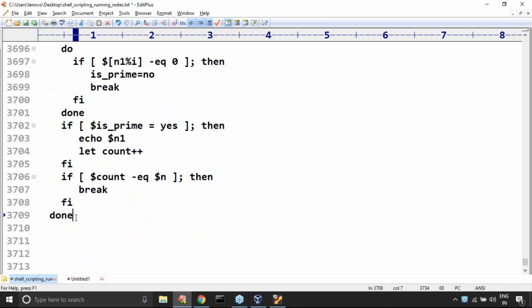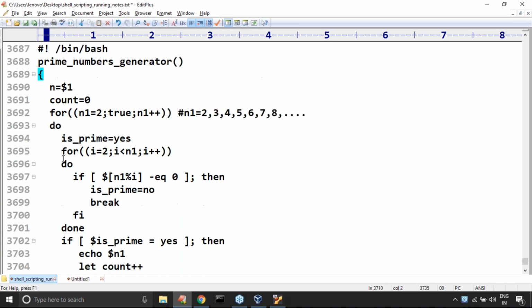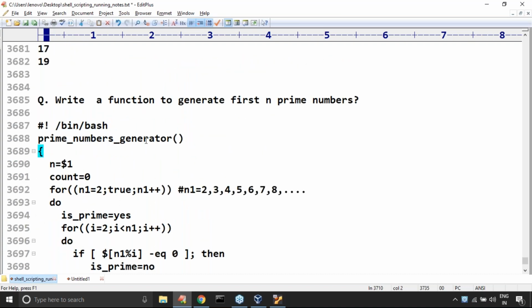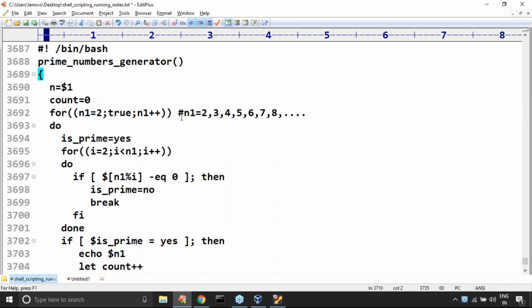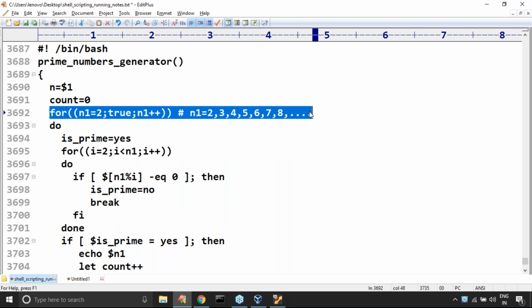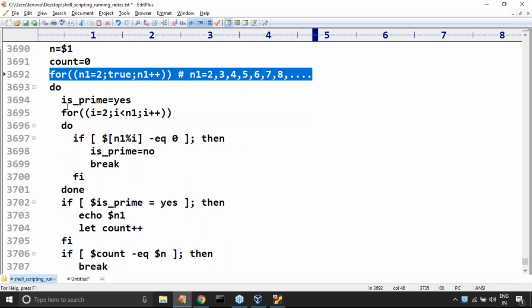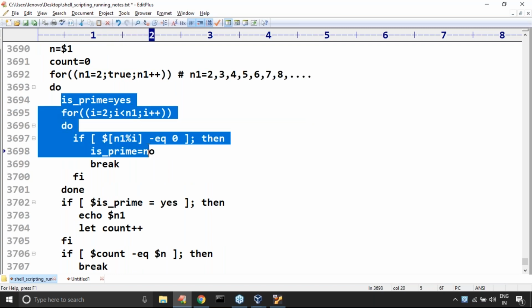Now have a look once, observe carefully. The n1 value will become 2, 3, 4 and so on, infinite number of times, no problem at all. So is the current n1 the prime number or not?